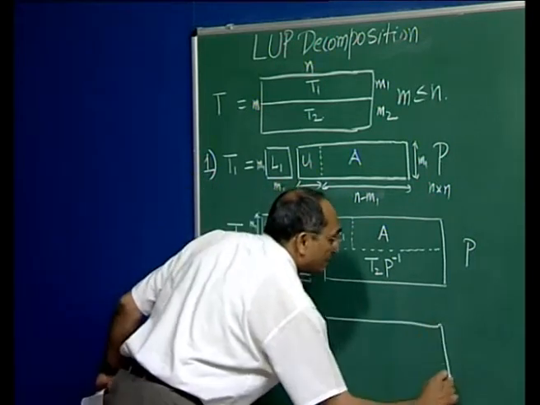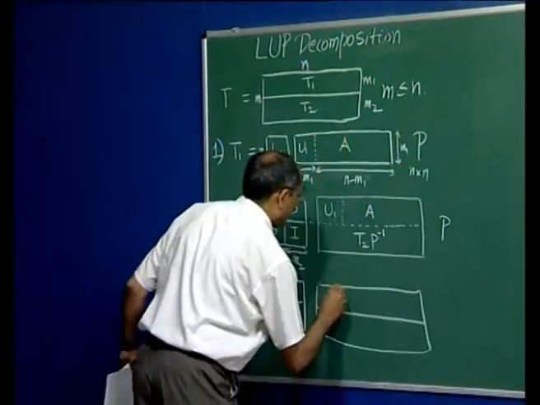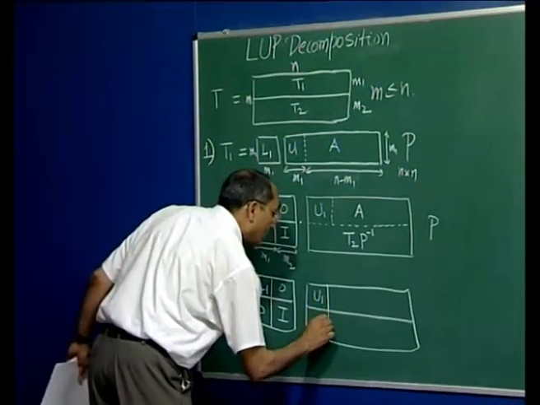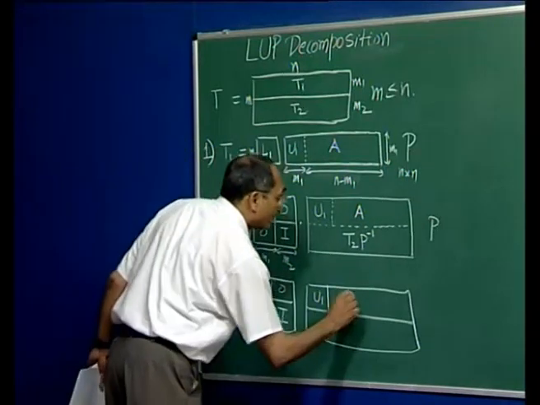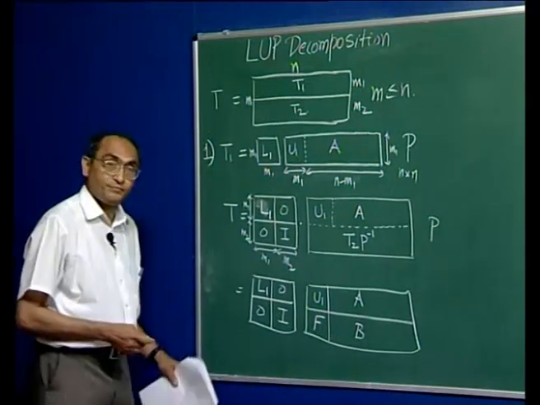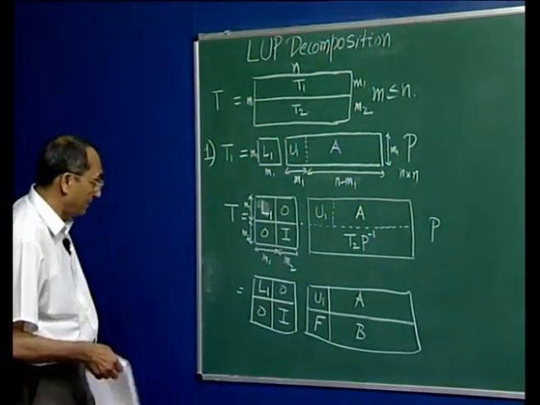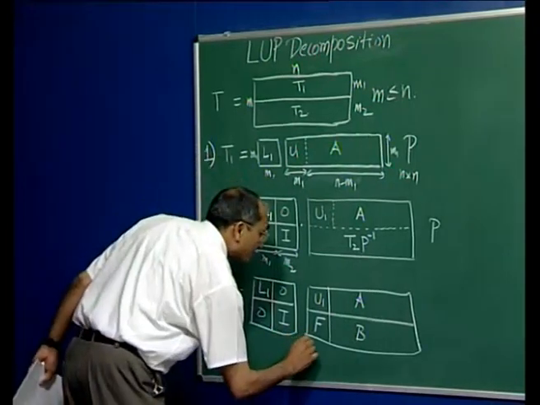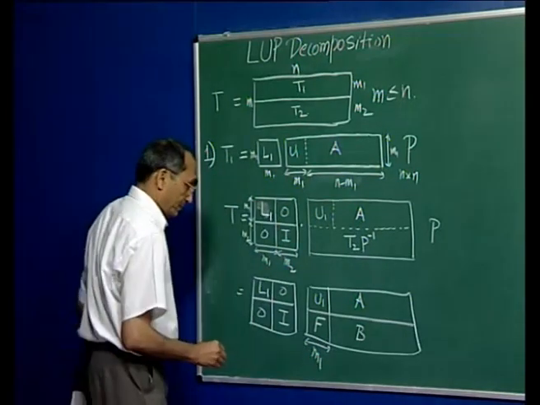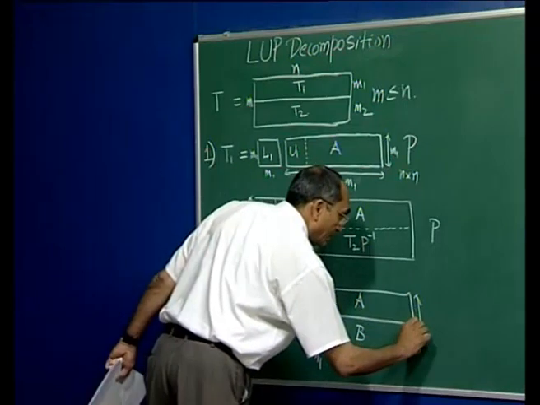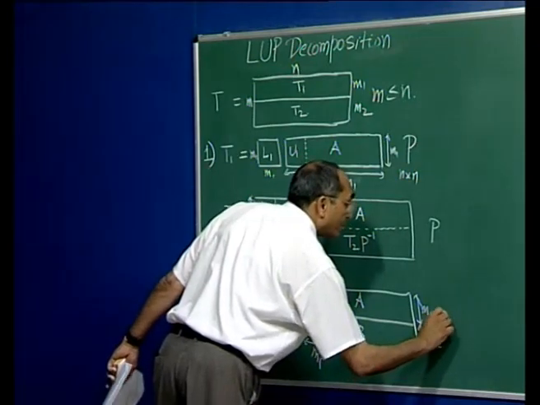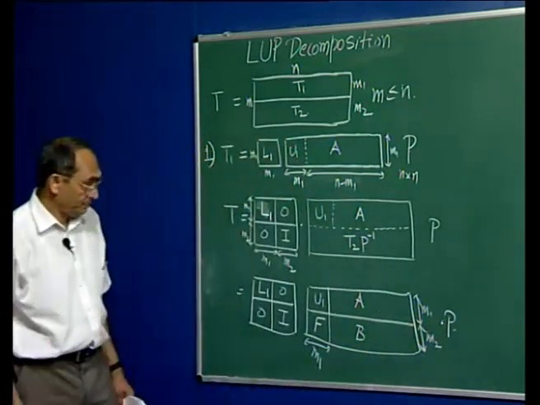Here let's call U1, and this portion, this is A, this is B, let's call this F. So this is still M1, and of course we have M1 and M2 here, and of course multiplied to P.